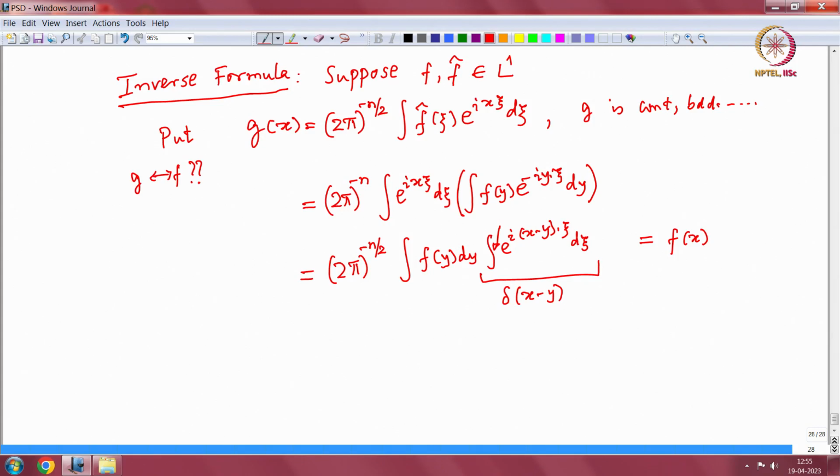We certainly can define this function, and we do expect this g to be our f. So, we are getting back f, but it requires some work. It is a lengthy calculation.